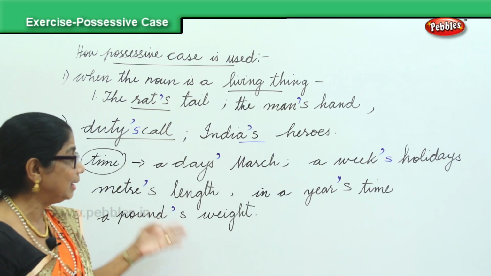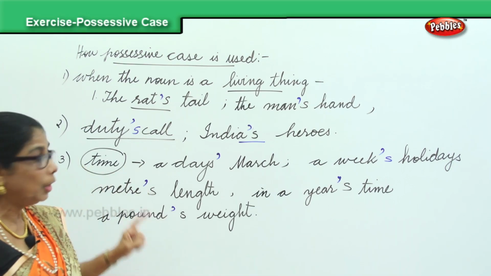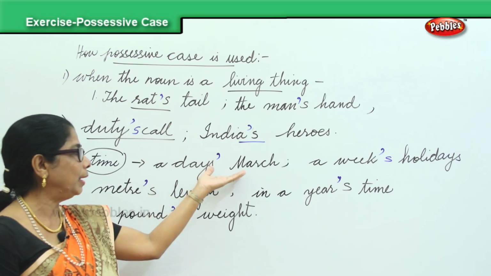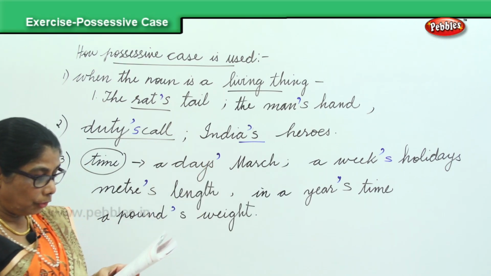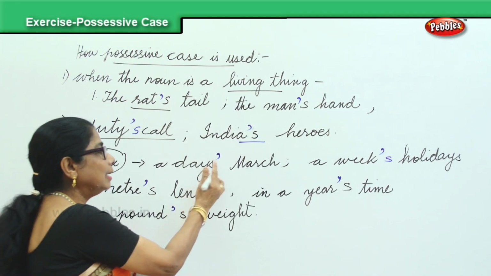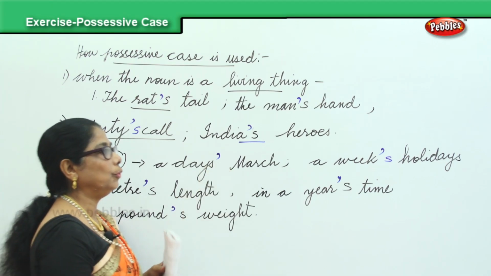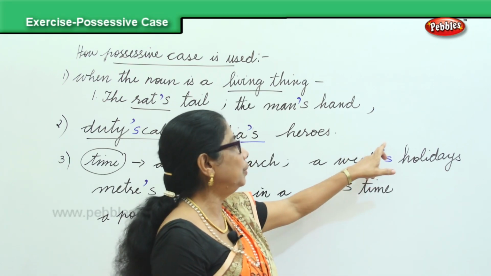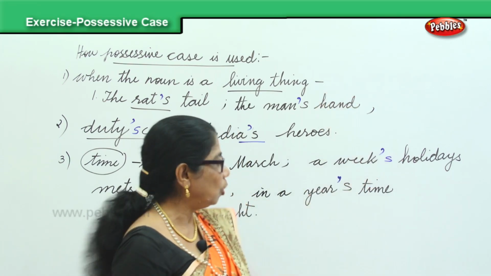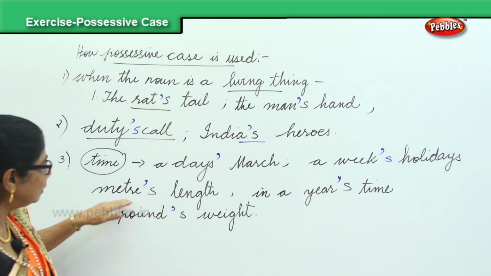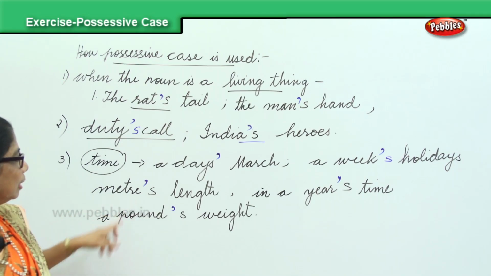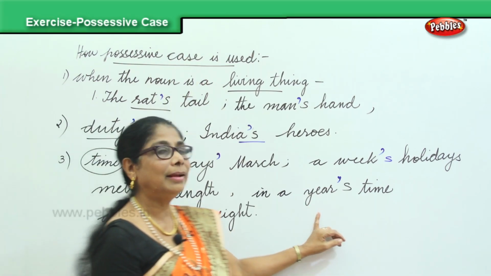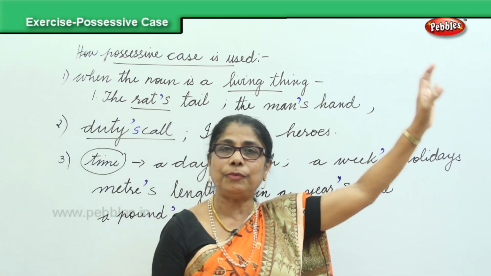And in the third case, we are talking about time. In this case, a day's march, you put the day followed by apostrophe and S. A week's holiday, you put the apostrophe followed by S. In the case of meter and pound, you put the apostrophe followed by S. Year, again, put the apostrophe followed by S.